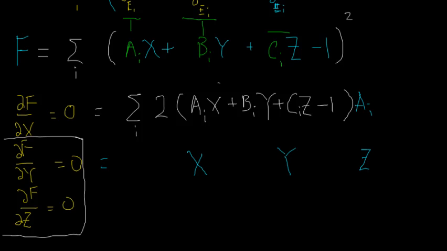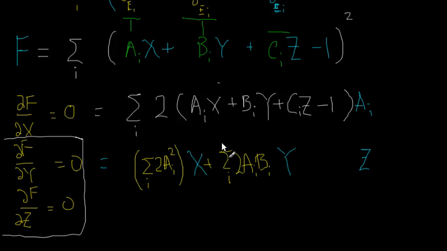The coefficient for x would be 2a_i times a_i, so that's the sum of 2a_i squared. So that's the coefficient of x. Coefficient of y would be 2 b_i a_i, summed. So 2 a_i b_i summed over i.